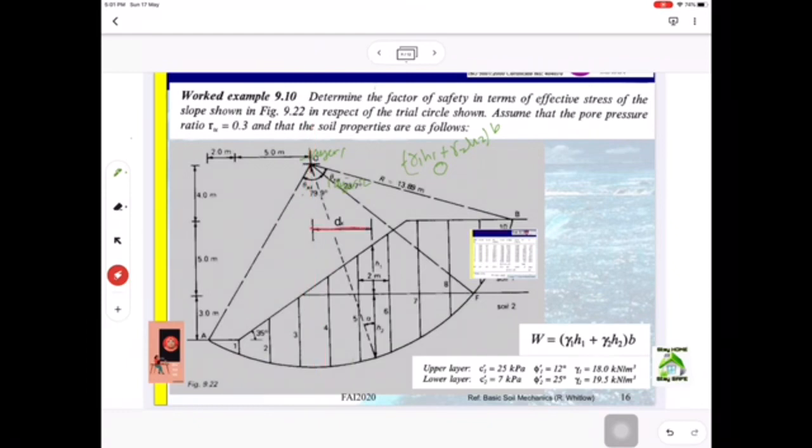So from here to here is X 6. So here from middle of the slice 5 to here is X 5.